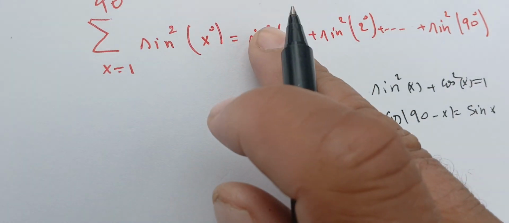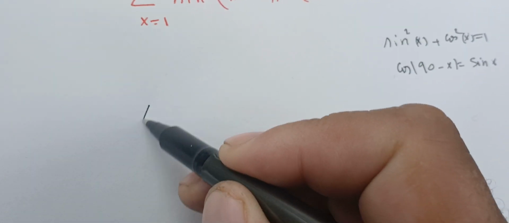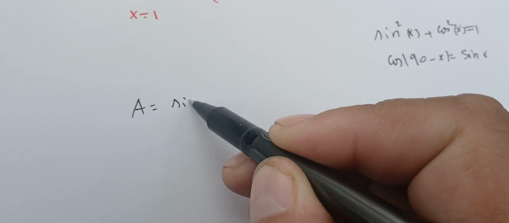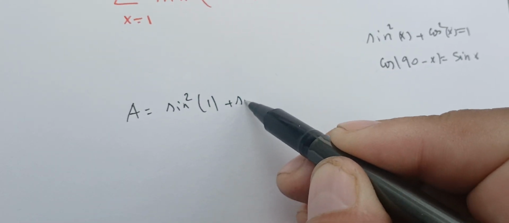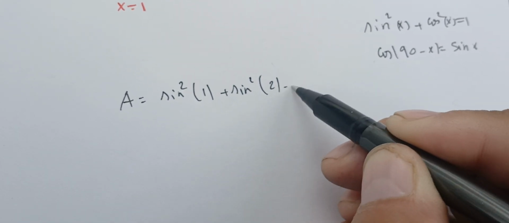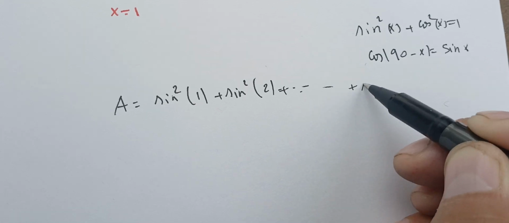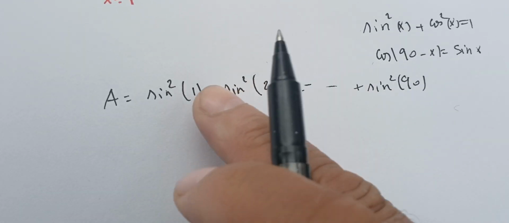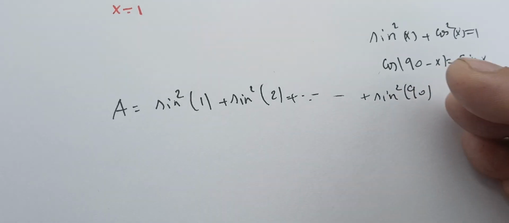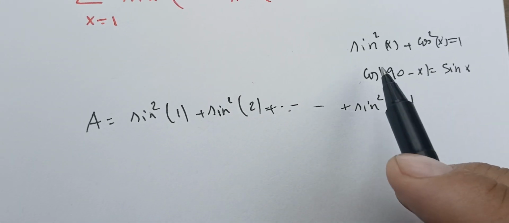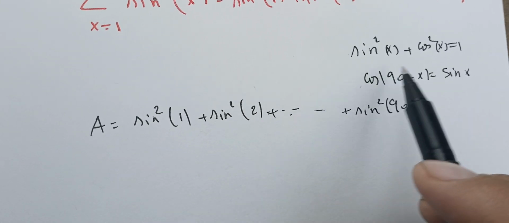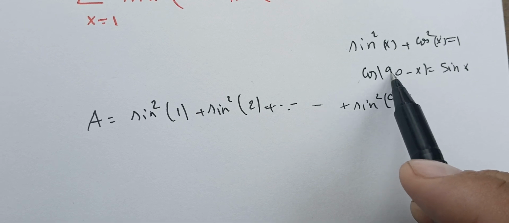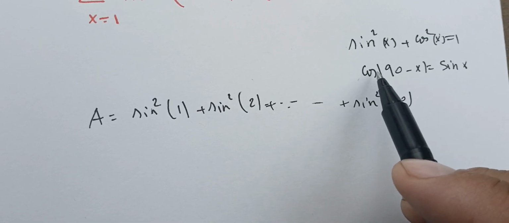Let's call this sum a. So a is sine squared of 1 plus sine squared of 2 plus up to sine squared of 90, where 1, 2, and 90 are in degrees. I can use the second fact here. The sine of 1 is the sine of 90 minus 1, which is the cosine of 89.